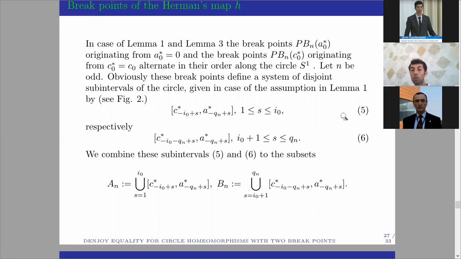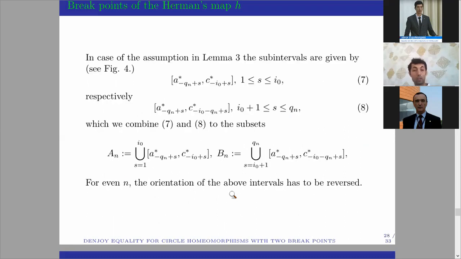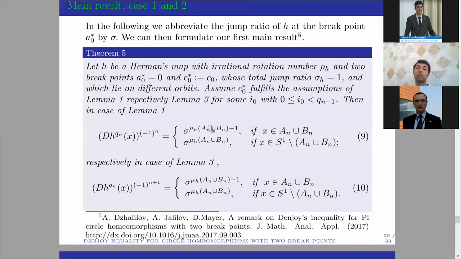If we combine all these intervals in 5 and 6 and denote by an and bn the union of these intervals, then in the case of lemma 3, we denote the intervals with endpoints, which are breakpoints 7 and 8, and we combine all these intervals, take the union, denote by an and bn, and then we can formulate our first main result for case 1 and 3. Sorry, here I wrote 2, but this is case 1 and 3.